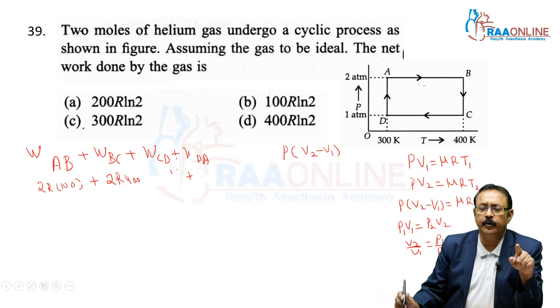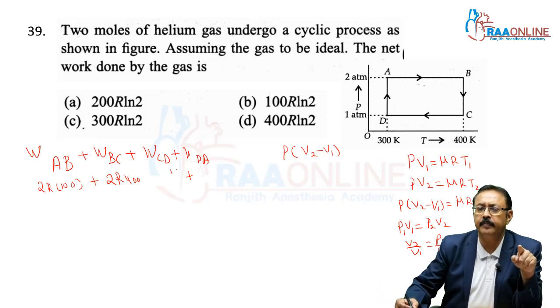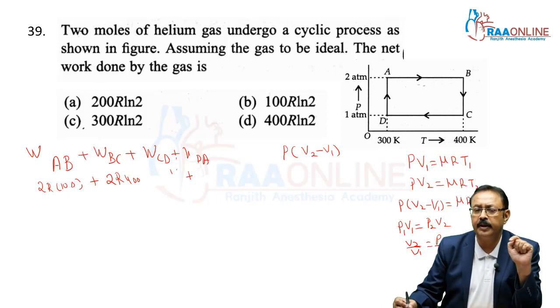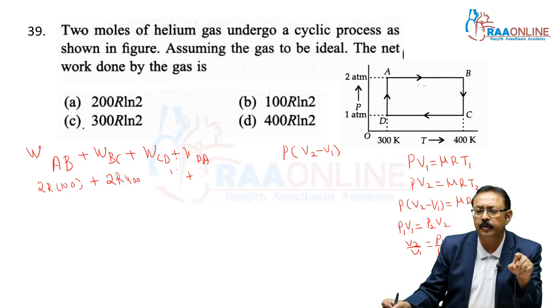First we got WAB. Pressure was constant when we are moving from A to B. Pressure into change in volume is work. So P into V2 minus V1 means mu R, and temperature change was 100.